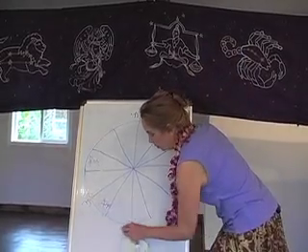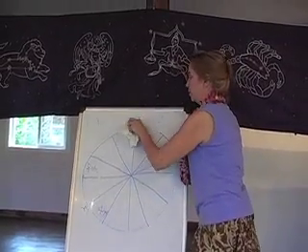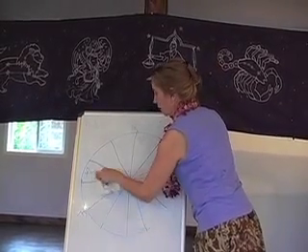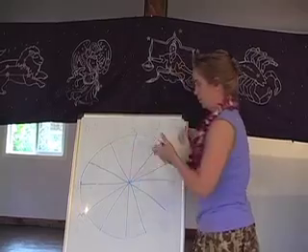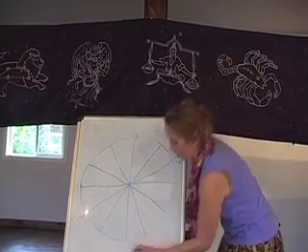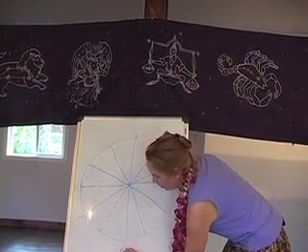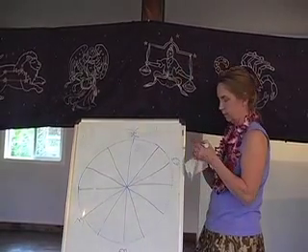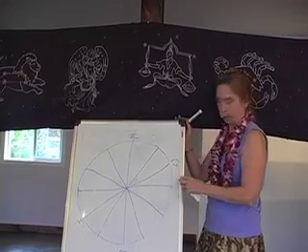For example, let's do it this way. And again, we can draw these back in. But let's just go like this. Got these charts in the room too. Let's flip it around.